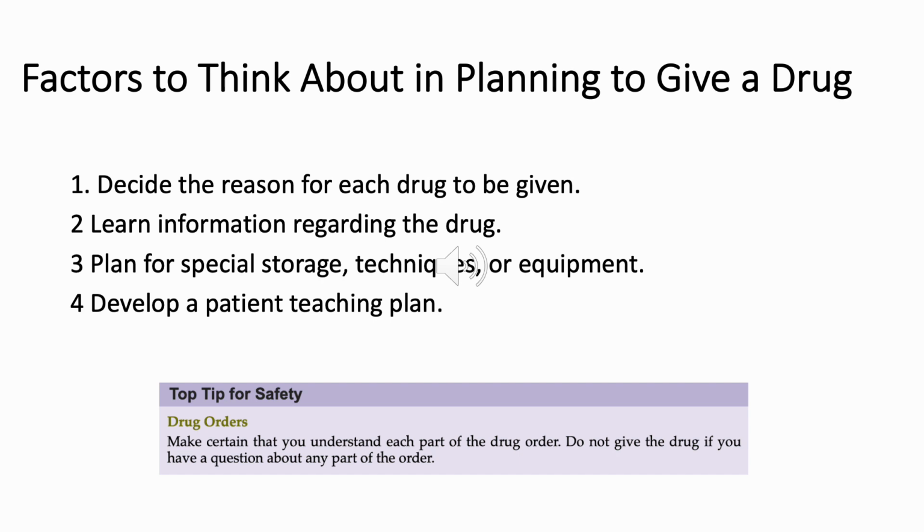Review special procedures you will need to give the drug, such as the Z-tract injection technique or the Z technique for giving a rectal suppository. All of this information is documented in the nursing care plan, in the paper chart, or the EMR so that other team members can see the plan.